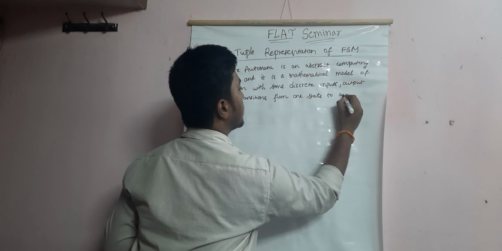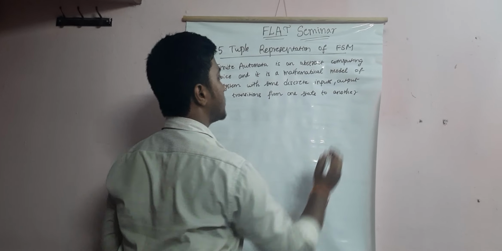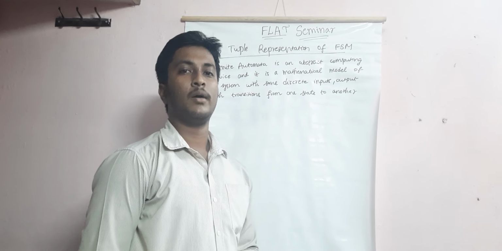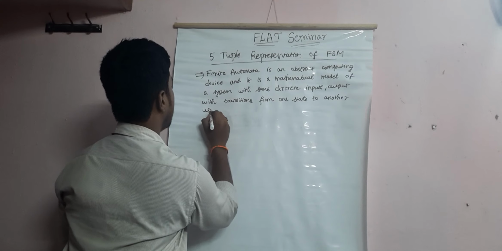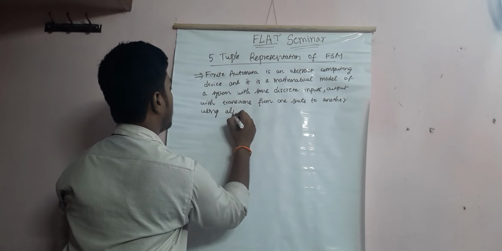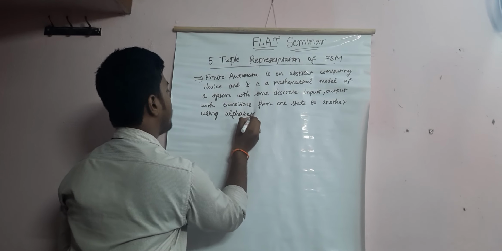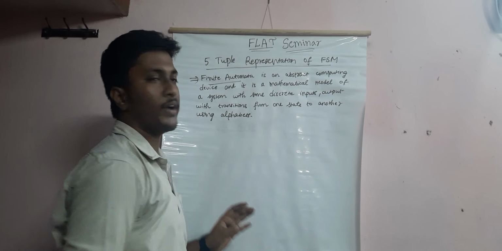The transitions are done from one state to another state by consuming the input symbols. They are also known as alphabets. So this is the basic definition of finite automata.